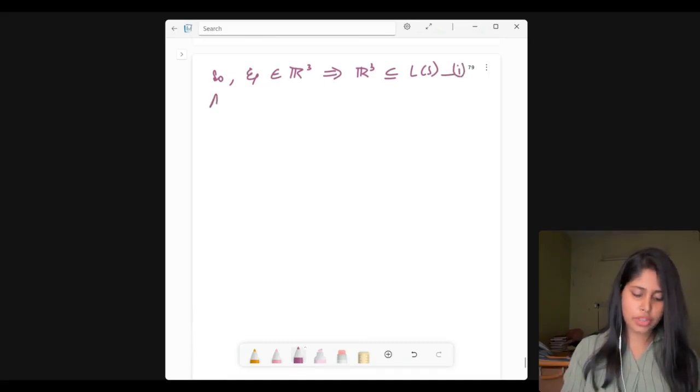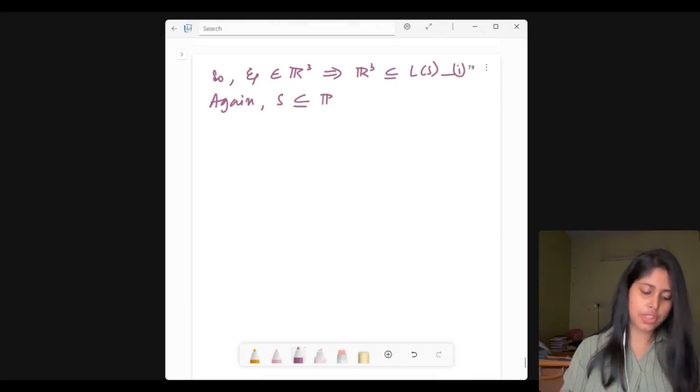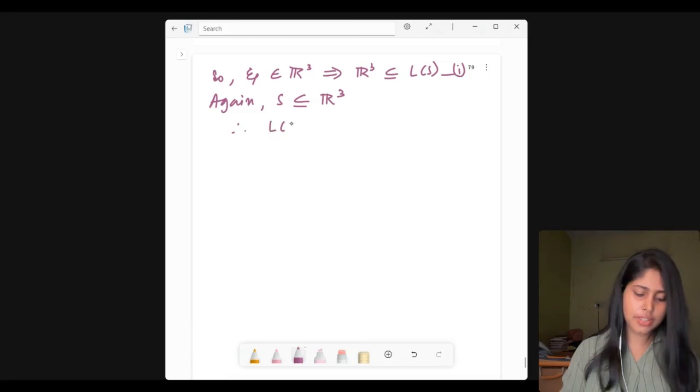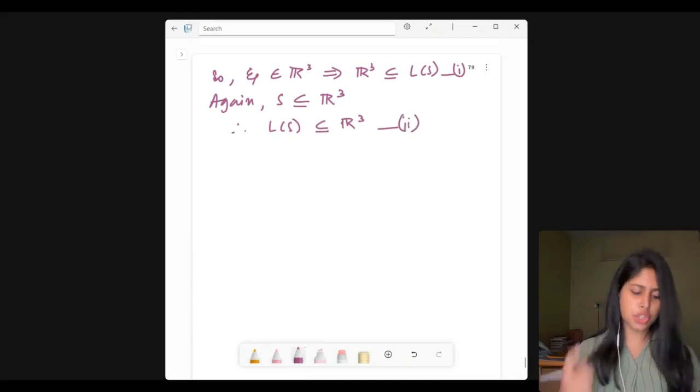Now again we will write, S is what? The set of vectors, right? So S is a subset of R3, and hence we can write that L of S is a subset of R3. So if we name this equation 2, what is the definition of L of S?